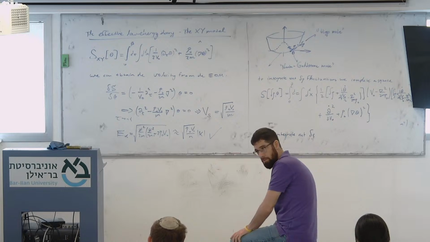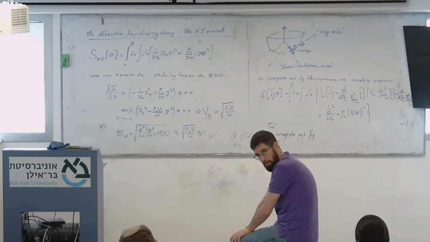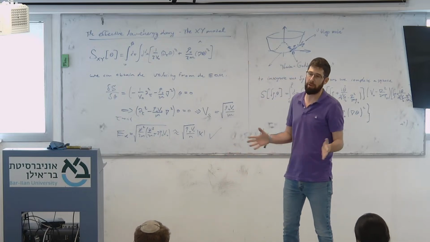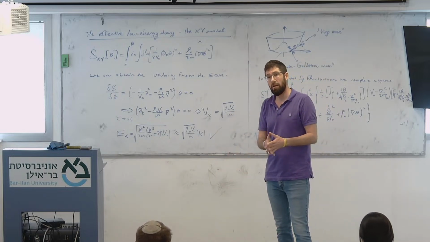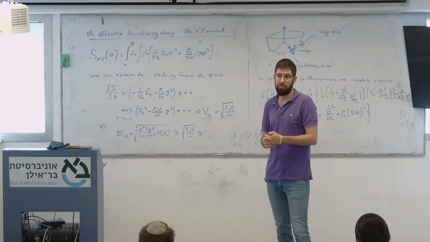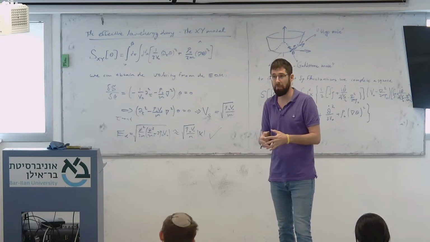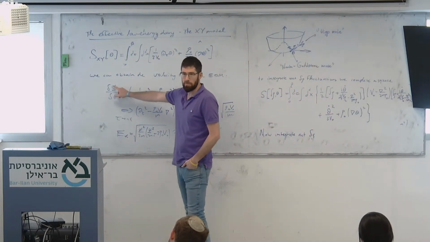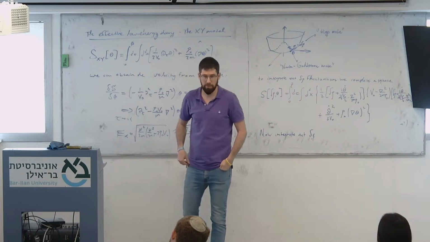I'm sure that when Avi taught you Euler-Lagrange, he showed you that you can obtain the Euler-Lagrange equations as a variational principle. Basically, a minimal energy or minimal action principle. So this is precisely the minimal action principle. Okay. Right?